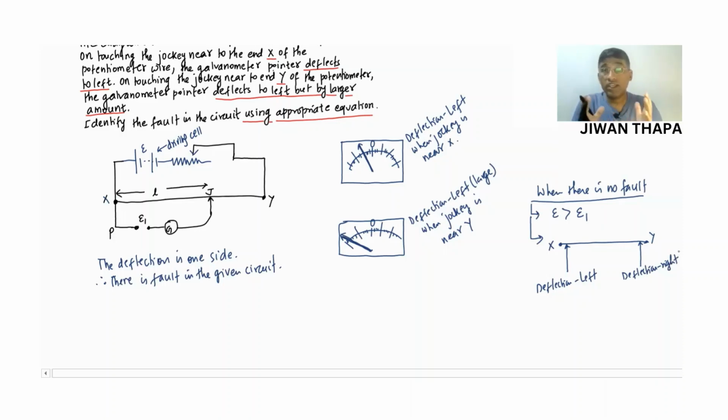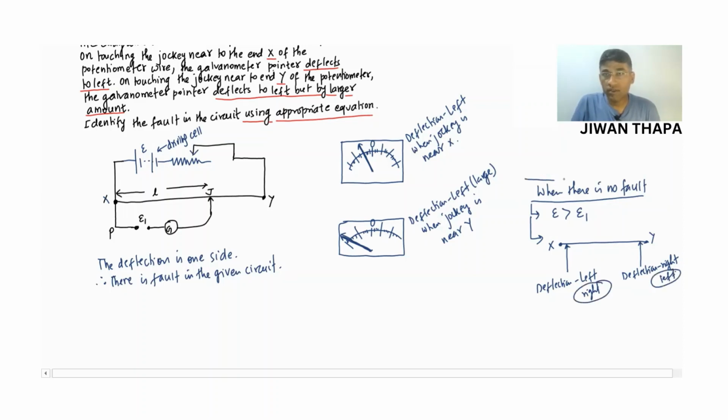So when there is no fault, okay, then we find the deflection of galvanometer is opposite on keeping jockey near end X and end Y. And if the deflection is towards right, okay, when the jockey is near end X or is at X, then on touching jockey near end Y, the deflection must be towards left.